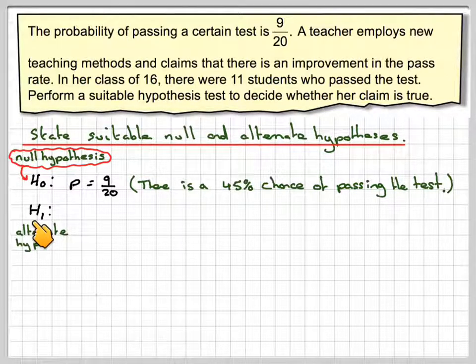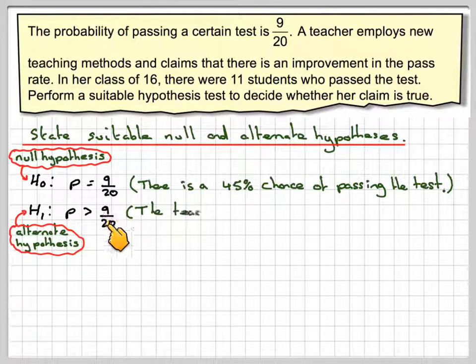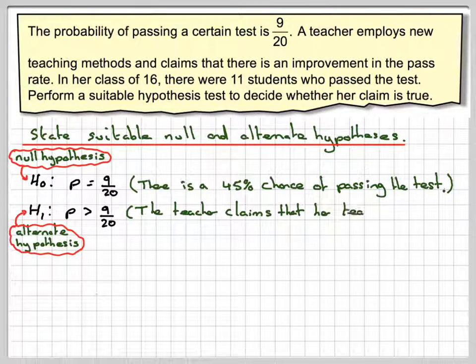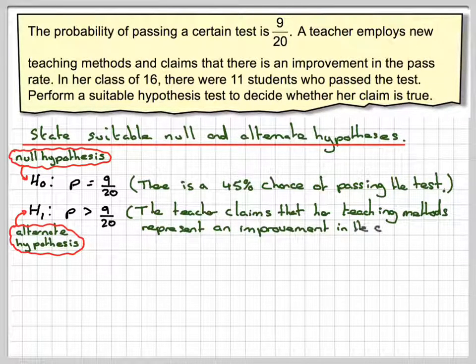H1, which we call the alternate hypothesis, is that P is greater than 9 out of 20. The teacher claims that her teaching methods represent an improvement in the chance of passing the test.